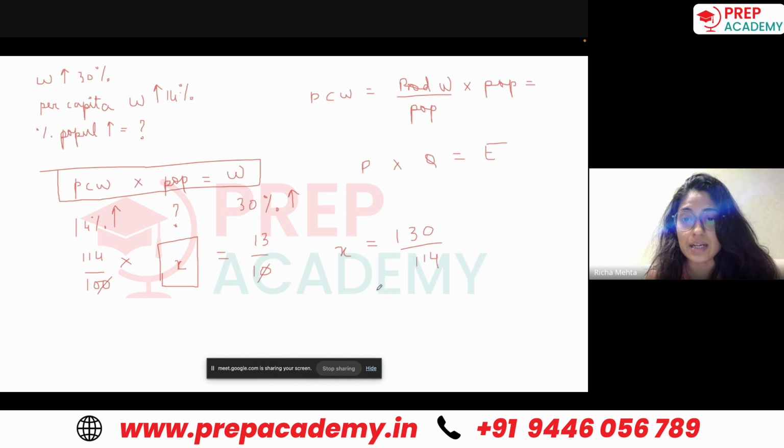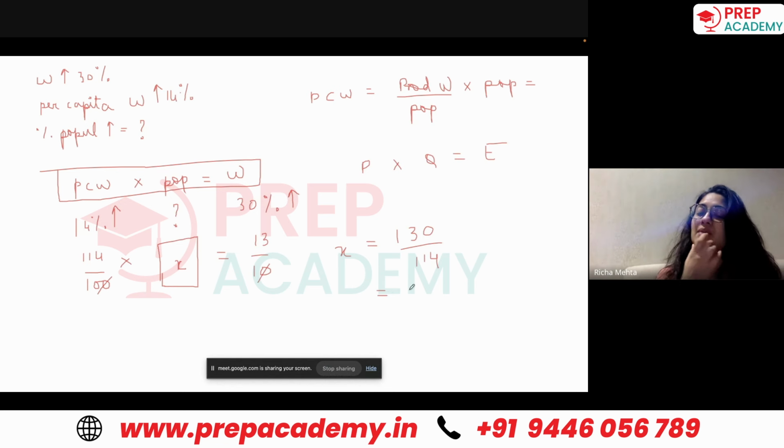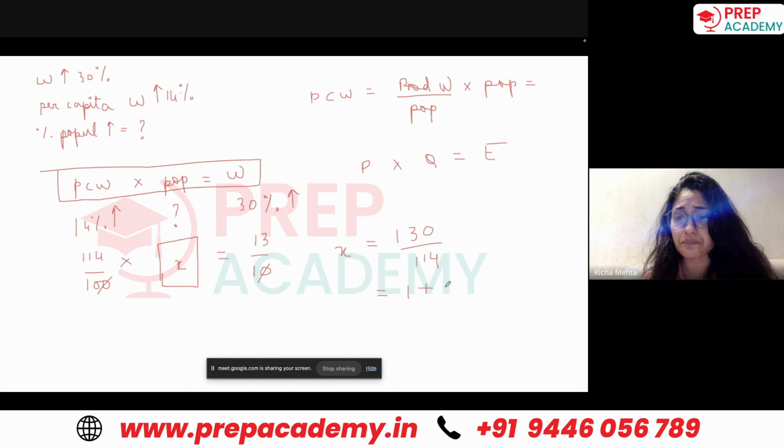Yes, ma'am. It has increased by how much? So when I say 130 upon 114, if I rewrite this fraction in this way, I can also write it like this. Is this okay? Yes, ma'am.